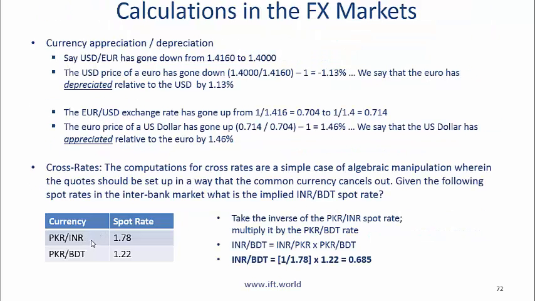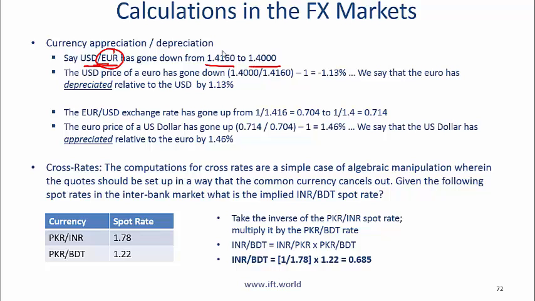Some quick calculations. Let's say that you have the USD euro pair and that is quoted at 1.4160 and then goes down to 1.4. When the number goes down, that means that the base currency has depreciated. If the base currency has depreciated, that means that the price currency has appreciated. So remember, up and down is with reference to the base currency.